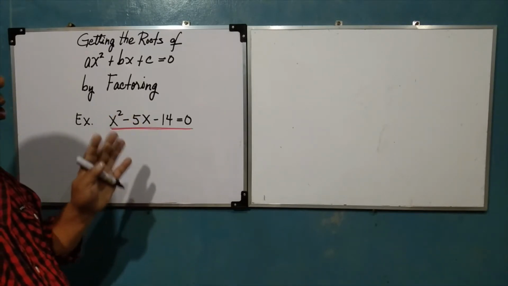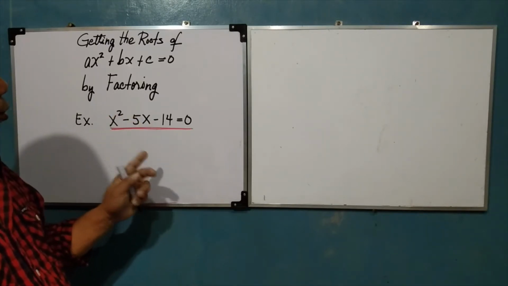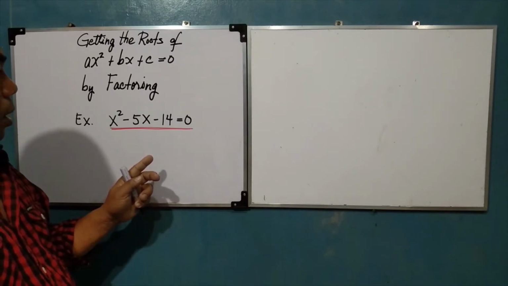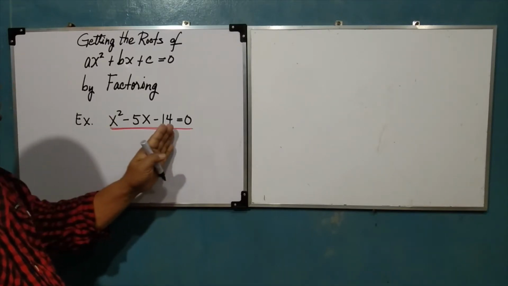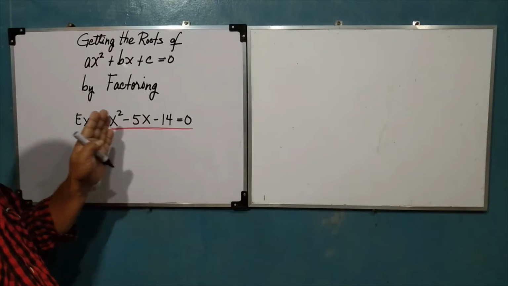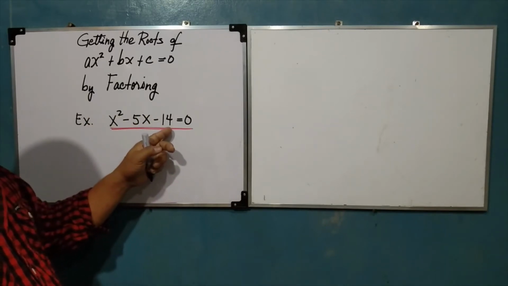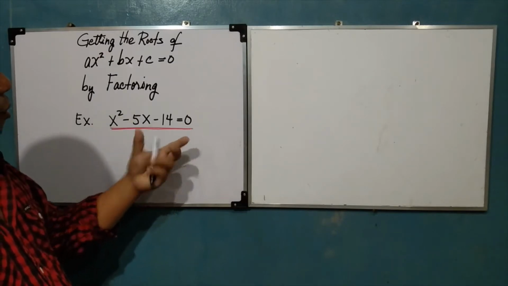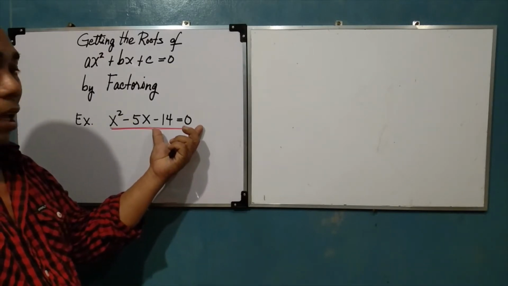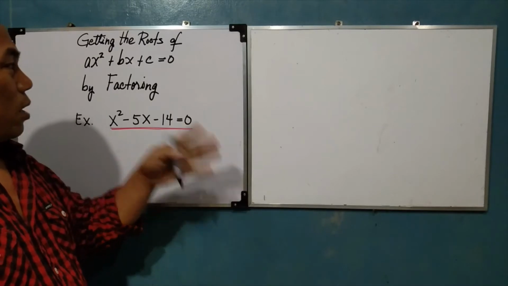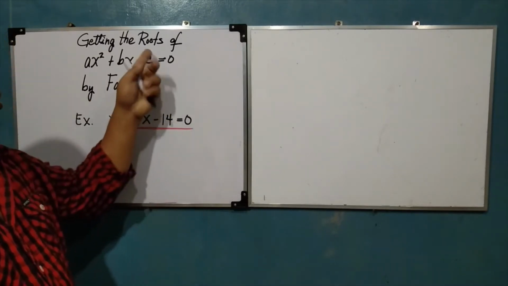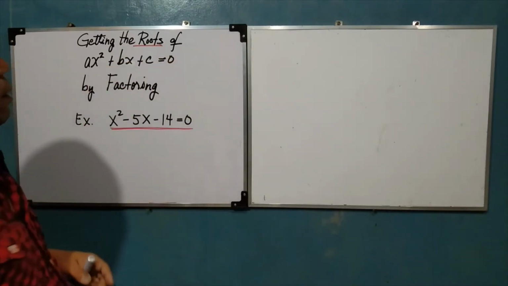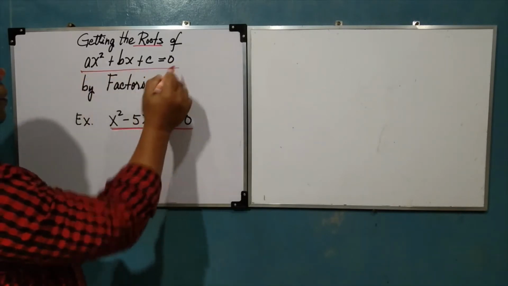So, we are concerned about the x values that we will use at the left side of the equation such that this one will become 0 for this equality to be true. Okay? So that is what we meant by roots of a quadratic equation.